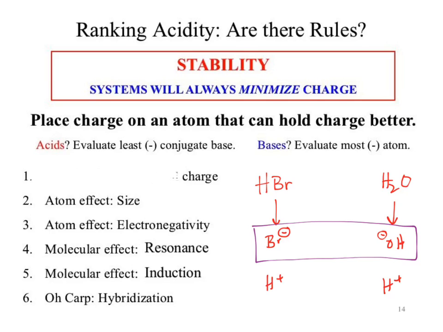So what does that mean about the acidity of the parent compound, the one that I actually asked the question about? Careful. Our bromide is more stable, which means what is the likelihood of that reaction happening? More or less likely? It is more likely.